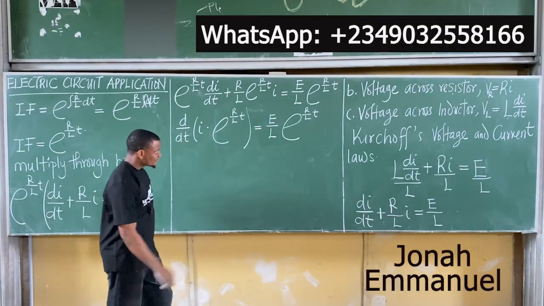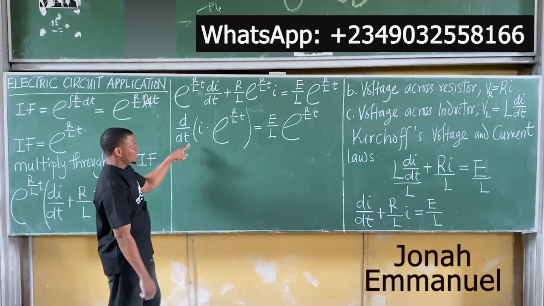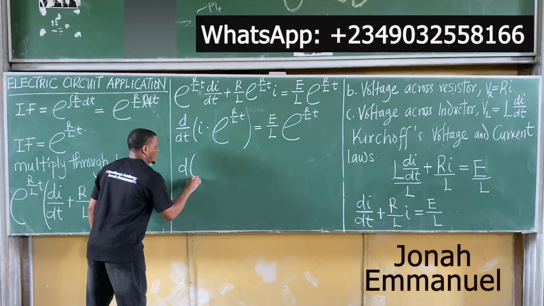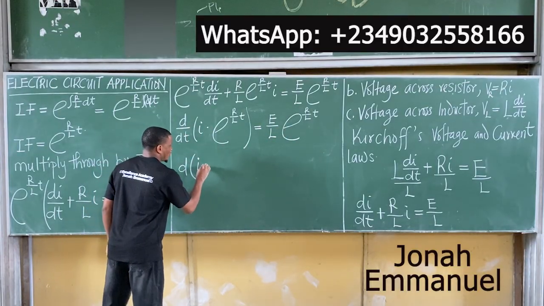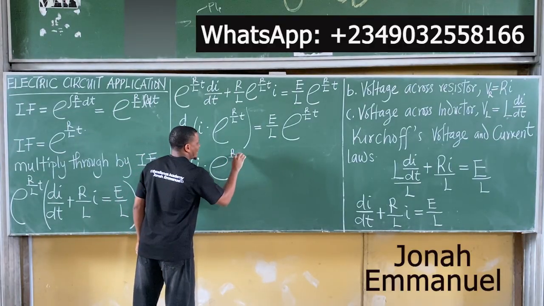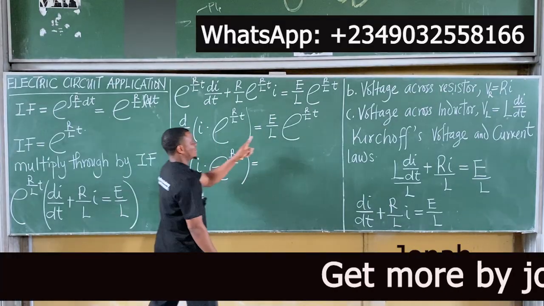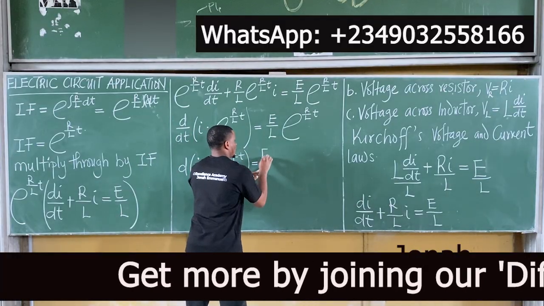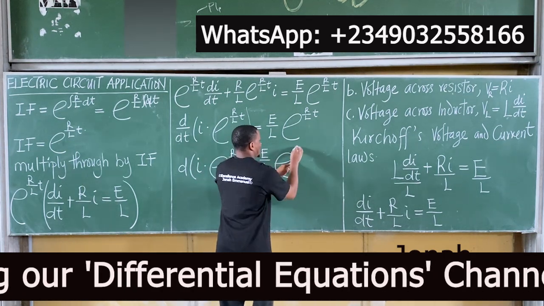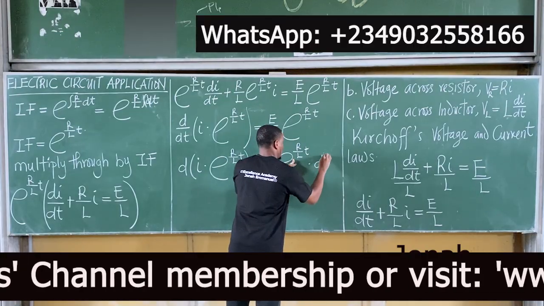So we have this. Let's solve this. How do you solve this? The dt goes this way. So I have d of I dot exponential R over L t is equal to, dt comes this way, I have E all over L exponential R over L t dot dt.